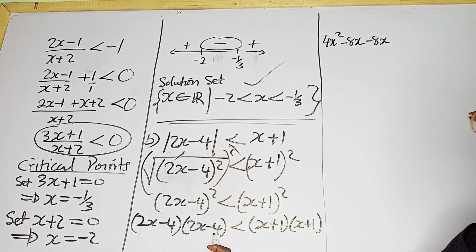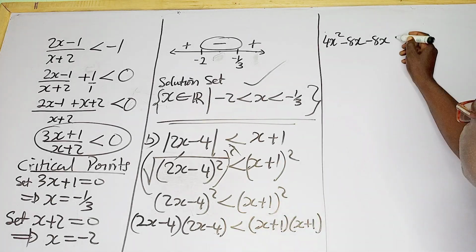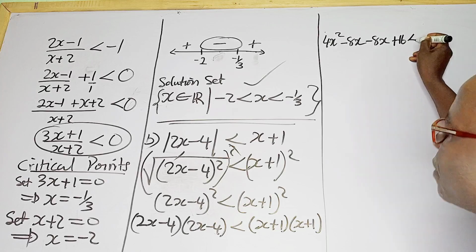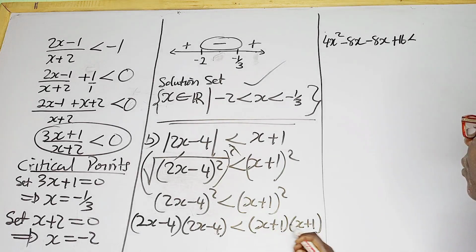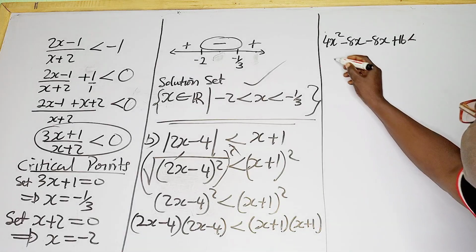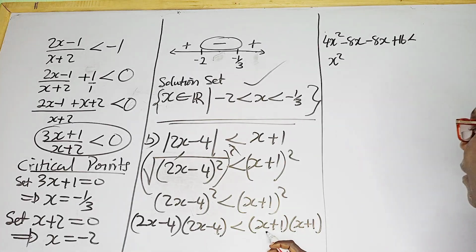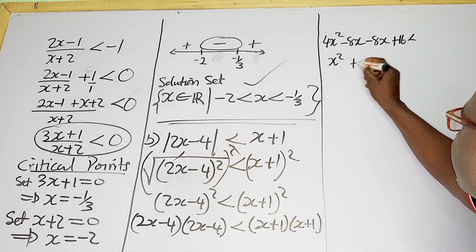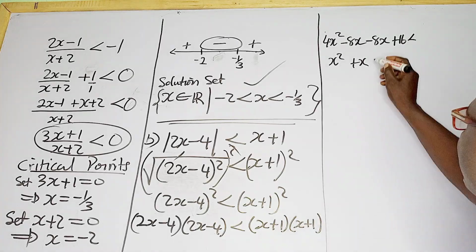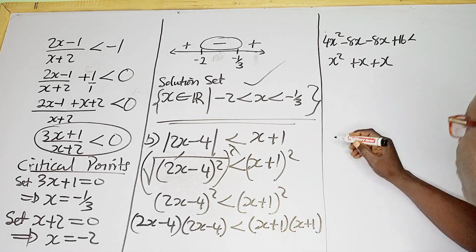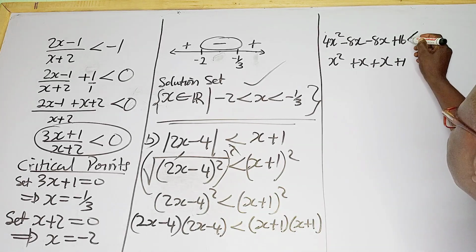Negative 4 multiplied by negative 4 gives us positive 16. Less than. We'll open this other parenthesis as well. x multiplied by x is x squared. x multiplied by 1 is x. 1 multiplied by x is x. 1 multiplied by 1 is 1.